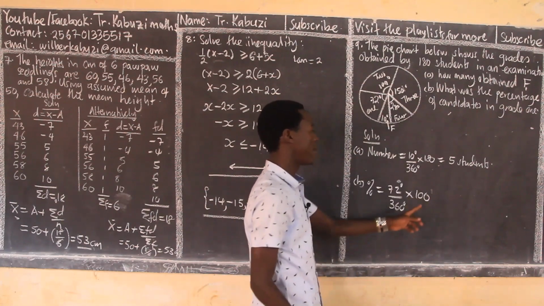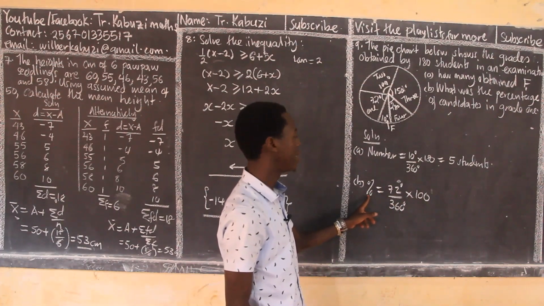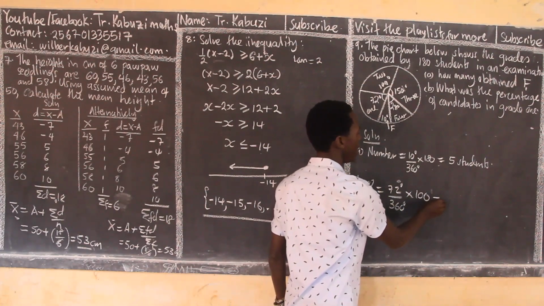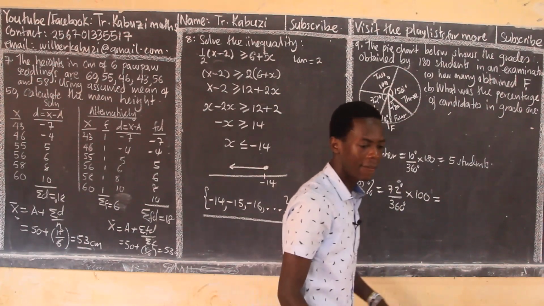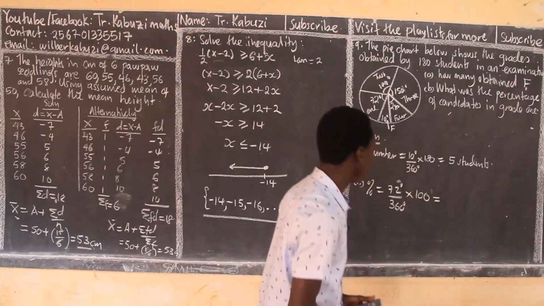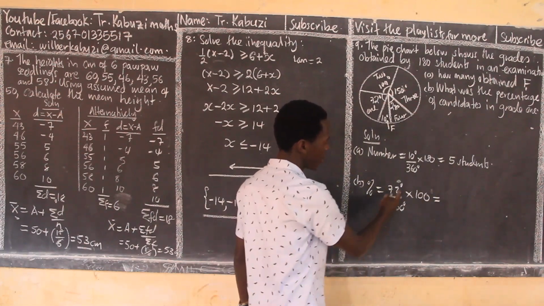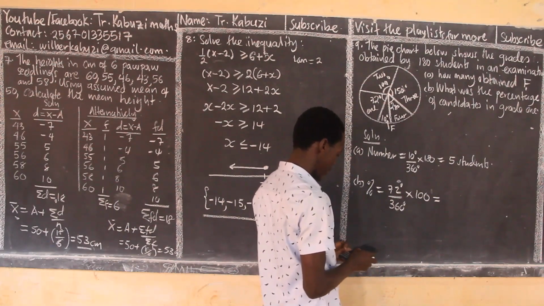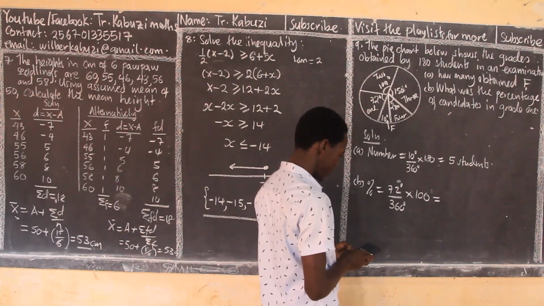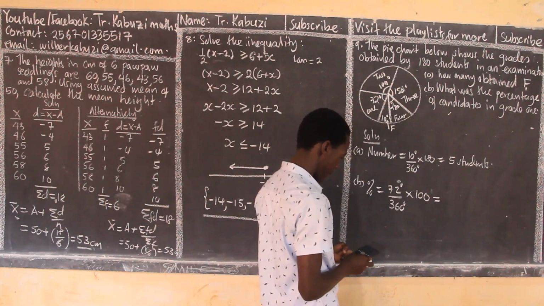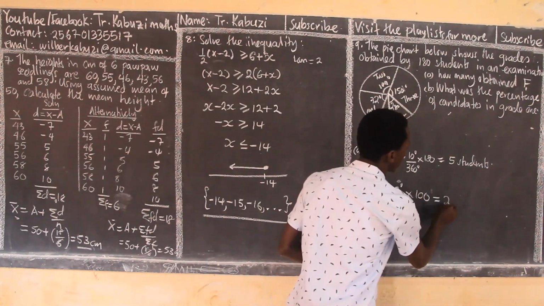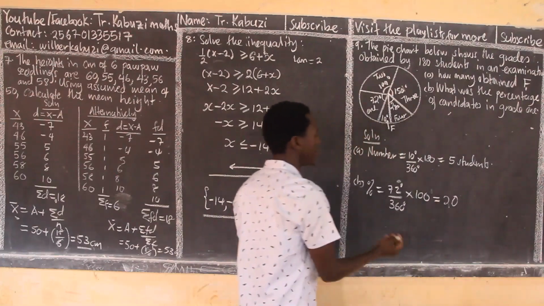Now why am I multiplying by 100? Because of the word percentage. So 72 over 360, I think it's going to be 20. Yeah, I think it's 20. So the percentage is 20.